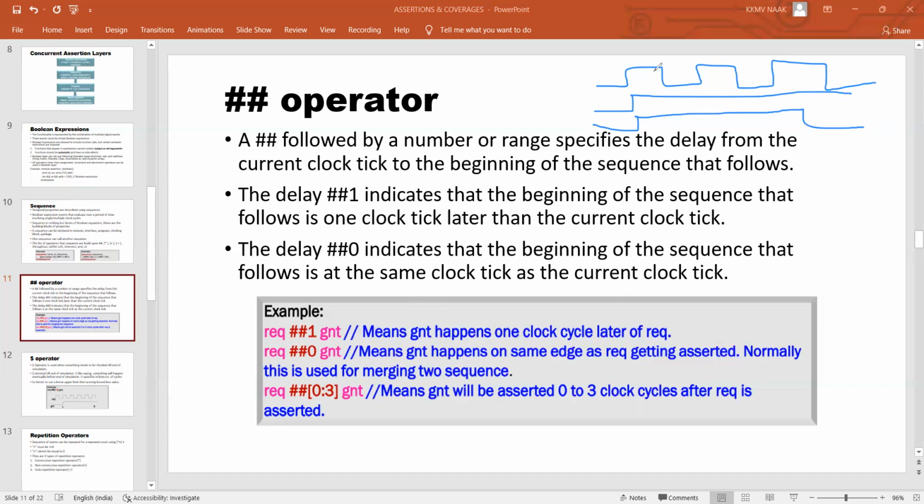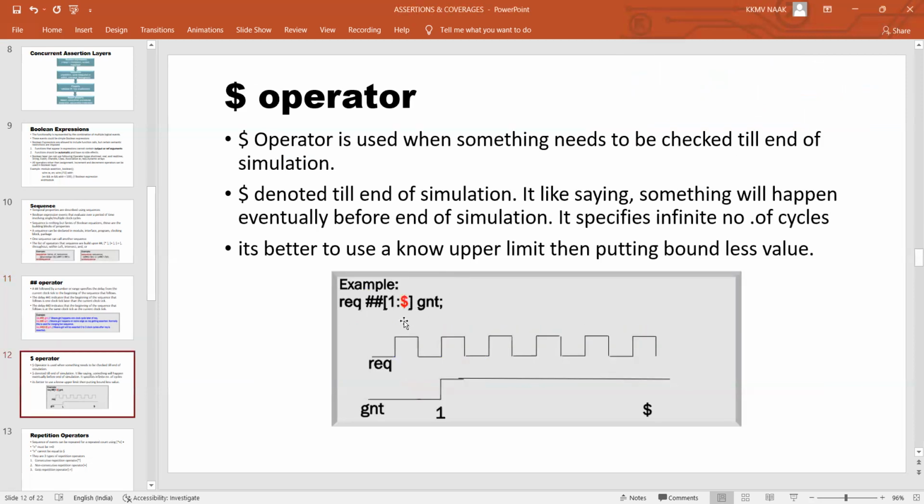Okay, ma'am. Yeah, understood. In the same way, if you don't know the upper limit, then you can use this dollar operator. So from 1 to dollar of grant, when your request is asserted high, the double hash 1 here starts from 1 clock cycle delay.